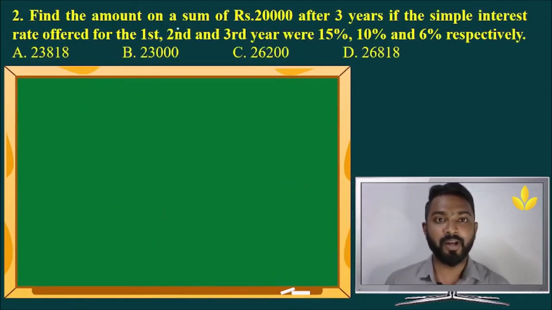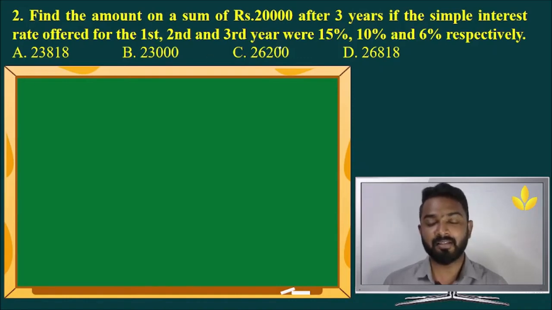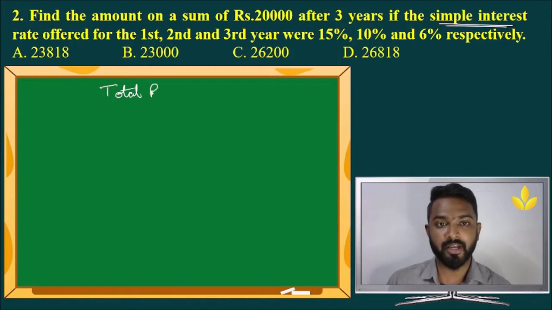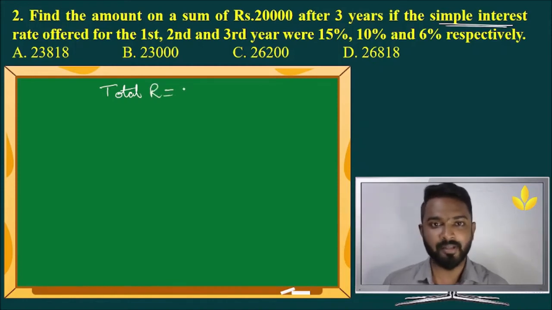Question number 2. Find the amount on the sum of 20,000 after 3 years if the simple interest rate offered for first, second and third year were 15%, 10%, 6% respectively. Now the point to be noted over here is this is in simple interest. That means we can just find the total rate by just adding all the rates. We have 15%, 10% and 6%.